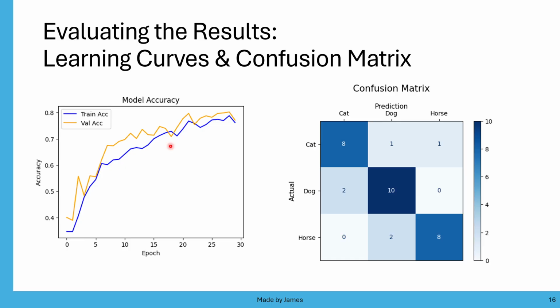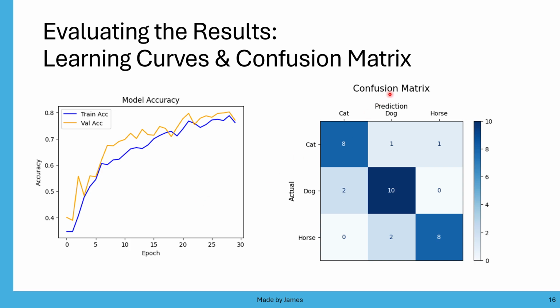If the blue line soared to 1.0, but the orange one remained stuck at 0.4, it means the AI has completely overfitted.